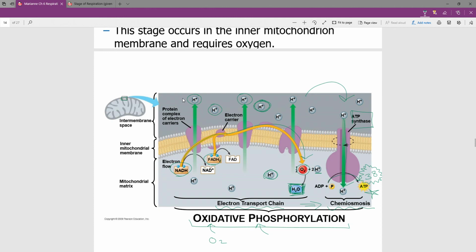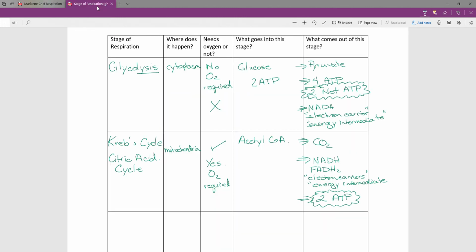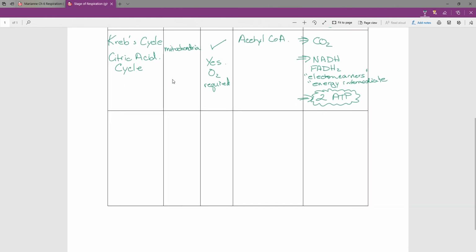Okay, fewer words. Let's try and get it captured on my little chart summary here. In this one, the third stage is oxidative phosphorylation. So many letters. And it's going to have two parts. I'm going to make this one shorter because these are little simplified notes.